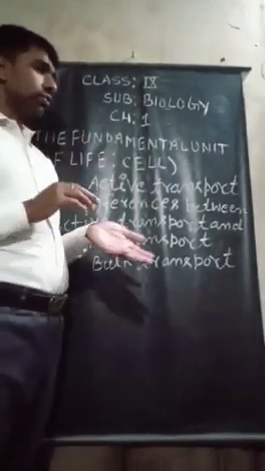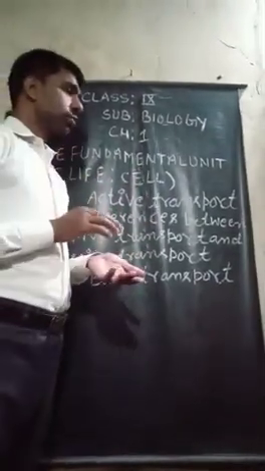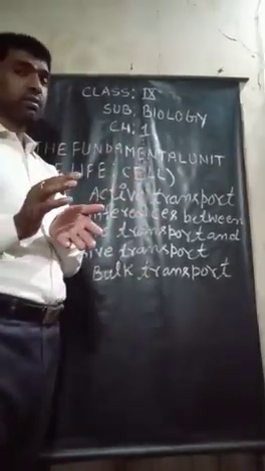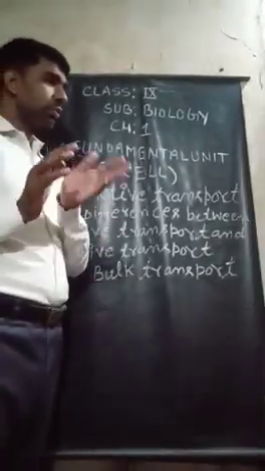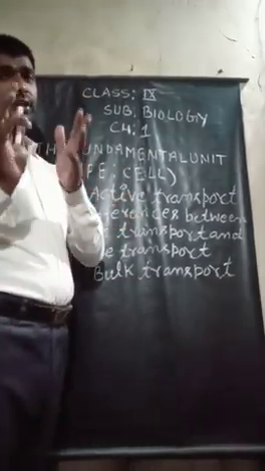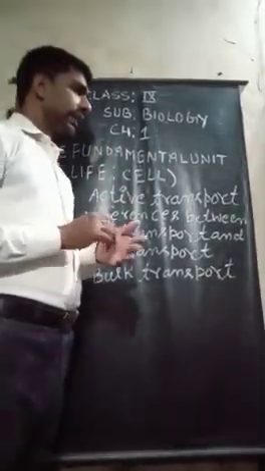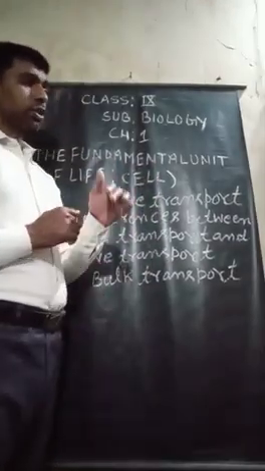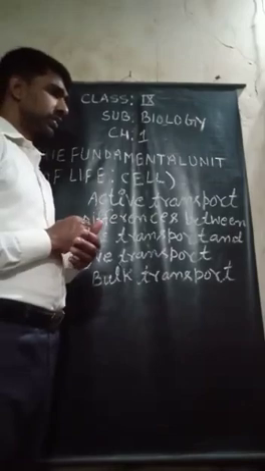Once again, try to understand: active transport takes place against the concentration gradient, and passive transport occurs along the concentration gradient. Active transport is a biochemical process, and passive transport is a physical process.